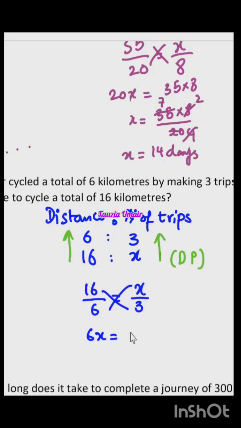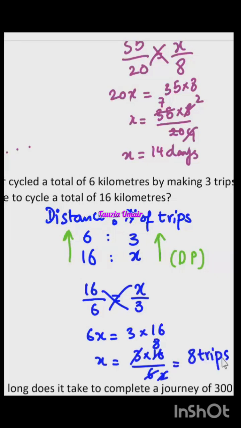X is equal to 3 into 16 divided by 6. You can see I'm not multiplying this part because that is useless calculation. So 3 2s are 6, 2 8s are 16. So the answer is 8. What will be the unit? Trips. 8 trips. Okay?